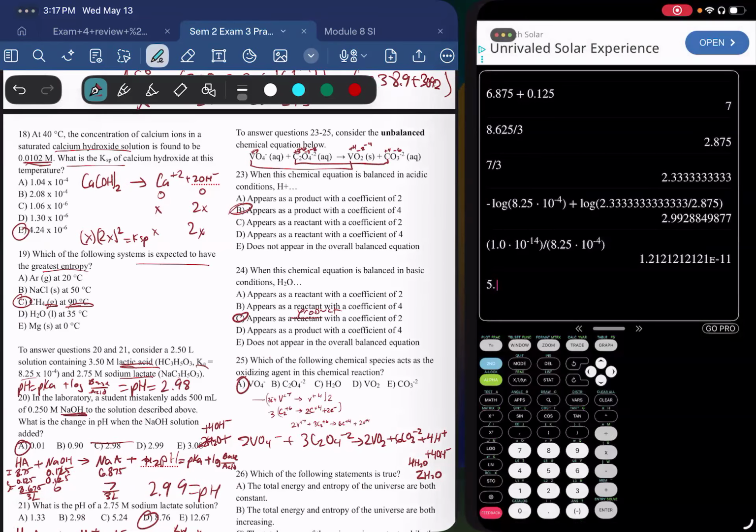I had a question. Yeah. So if it asks what species is reduced in general, would it be the entire species as well as the individual ion? It would be the compound in the reaction that is reduced. It's not the individual ion. Okay, because technically speaking, the whole compound is connected, like the oxygens are still connected to the V, right?